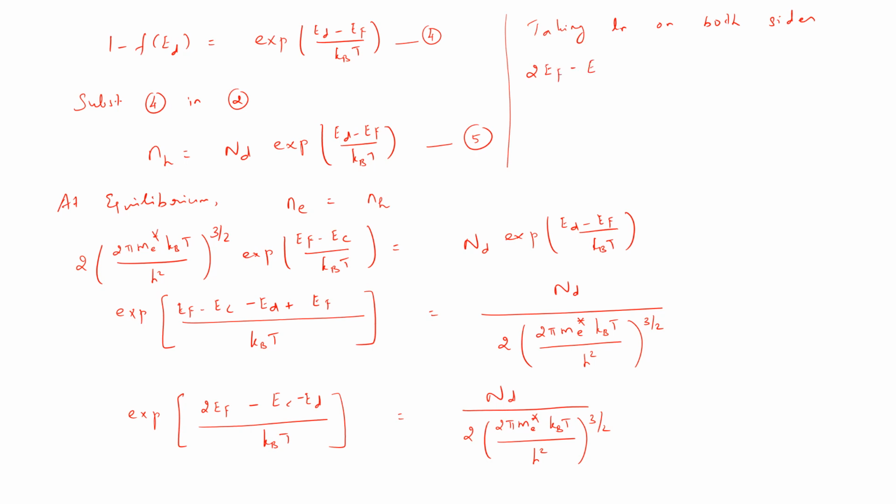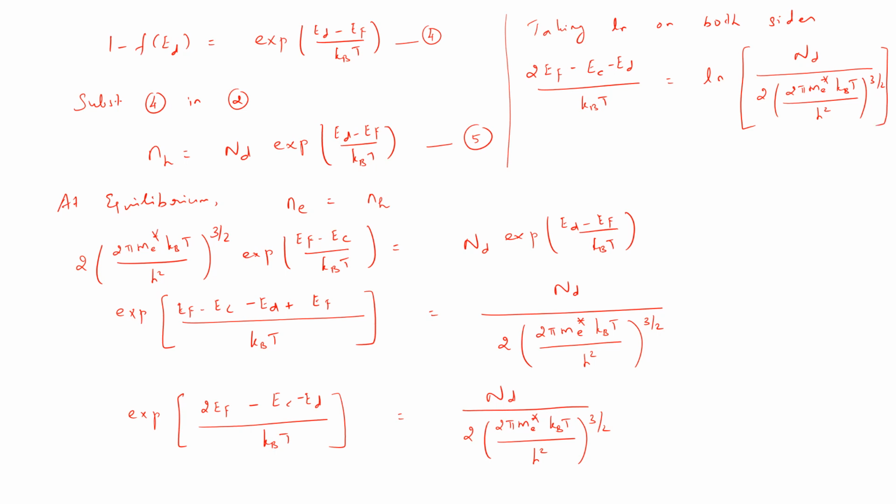2EF minus EC minus ED divided by KBT is equal to ln of ND divided by 2 into (2 pi me star KBT divided by h square) whole power 3 by 2.